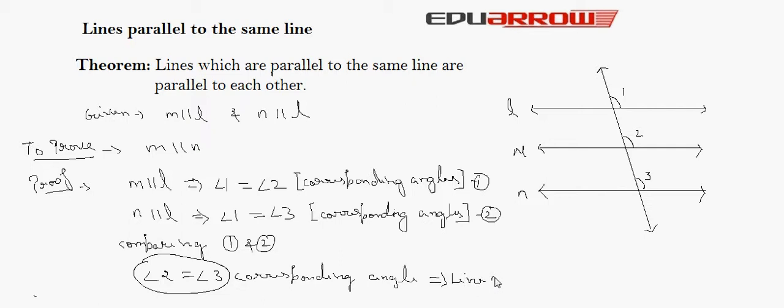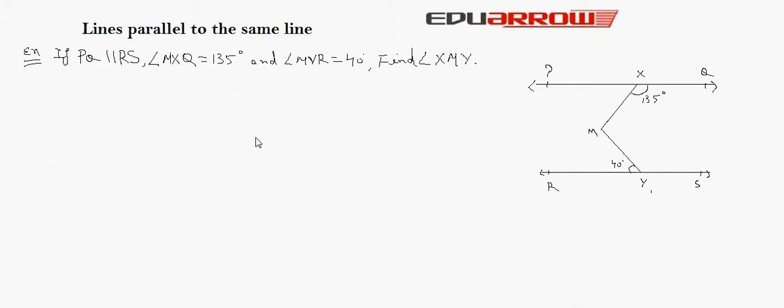Therefore, we can say that line M is parallel to line N by converse of corresponding angles axiom. According to this axiom, if two corresponding angles are equal, then the lines are parallel.